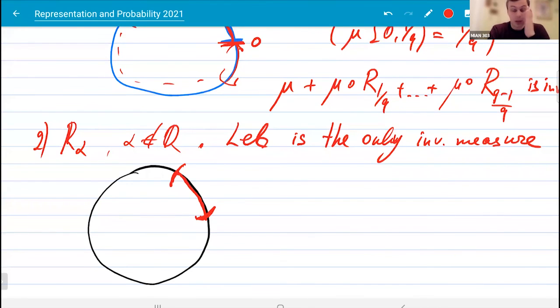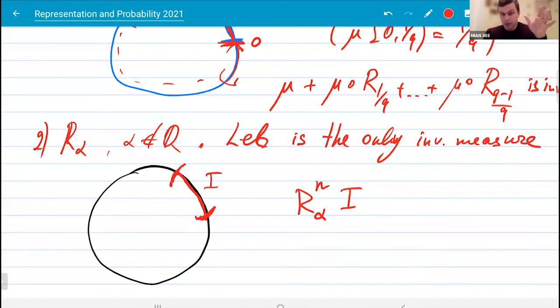So take some approximations. To do this, I want to use the following. If I apply alpha some number of times, then I can move this interval by an almost arbitrary angle, maybe with some accuracy.